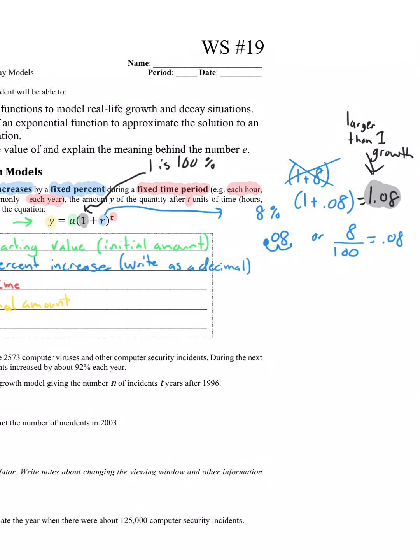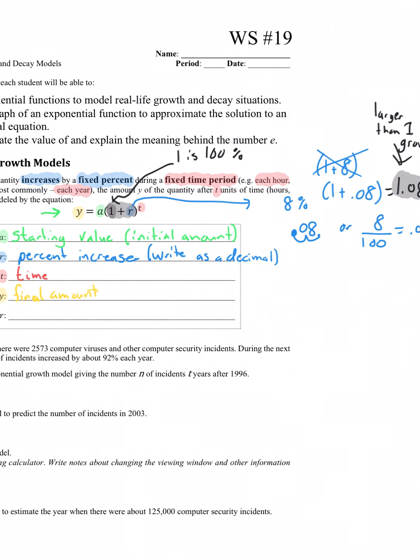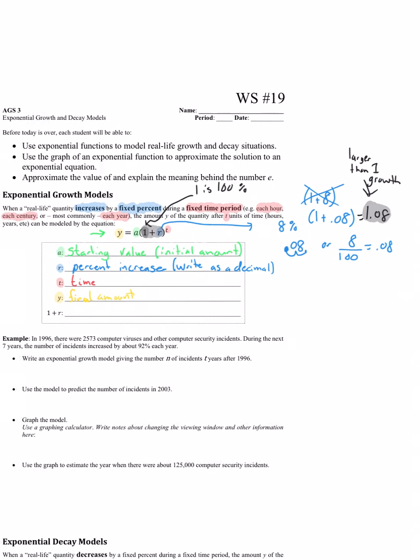That's how we can tell this is an exponential growth problem. You get a number that's larger than 1. The big key here is the plus. You get a 1 plus r, which means we're taking 100% of something, and then we're going to add another 8% to it. So that's why it's 1.08. It's like 108% of the original value. And that's what 1 plus r represents.